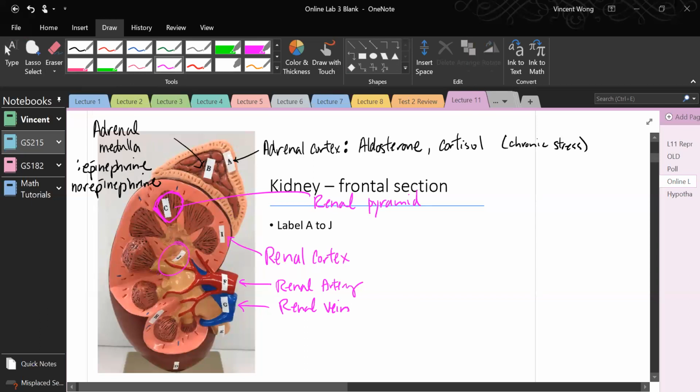J here is a little bit hard to see, but that would be the renal pelvis. That's D right there. That is the renal capsule. Did I miss anything? Oh, right here. That is the renal column.